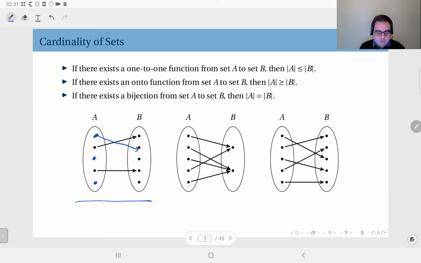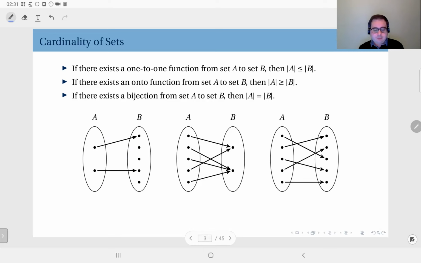So let me set this as my one-to-one function, but if I have even just one more, now how am I going to map this one? There is no element available in B that is not mapped to. Therefore, it will not be possible to define a one-to-one function in this scenario.